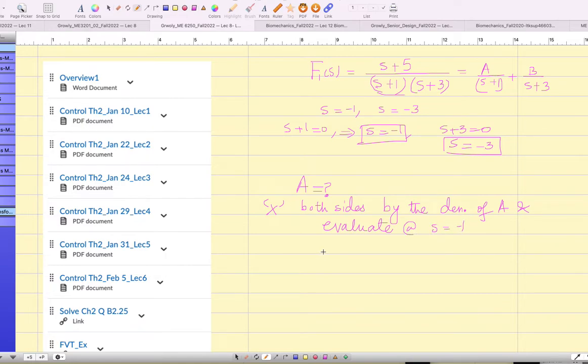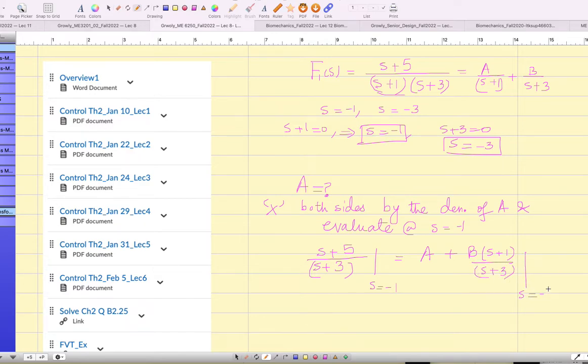So let's multiply on the left hand side. If I multiply the left hand side, s plus 5 over s plus 3, because the other factor gets cancelled out, so I don't need to write it down. So A plus B, and one more thing I want to mention here. When you do the left hand side, right hand side, this is s plus 1 over s plus 3.